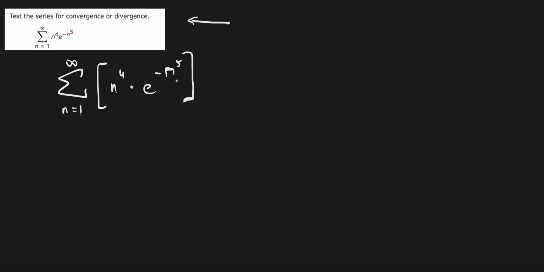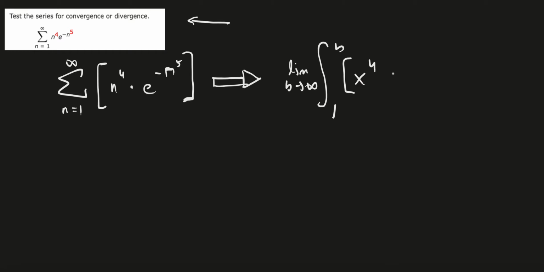So integral test. Let's use the integral test. Always manipulate, try to manipulate and explore your options. So let's integrate this from 1 to infinity, and I'll write it as a limit as b approaches infinity, and I'll use x's instead of n's because I like x's.